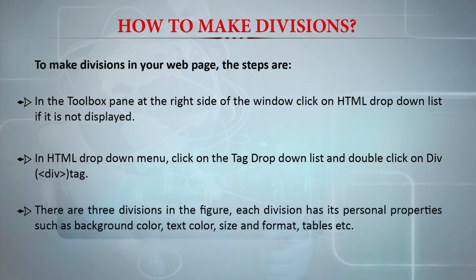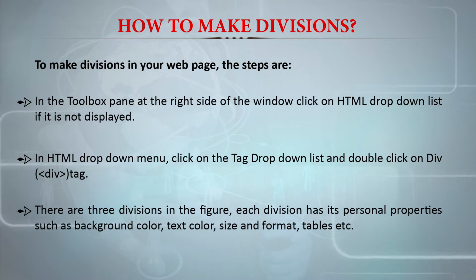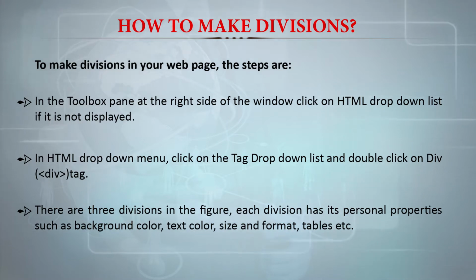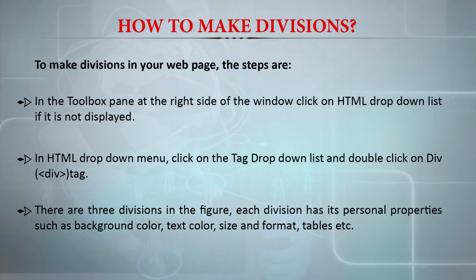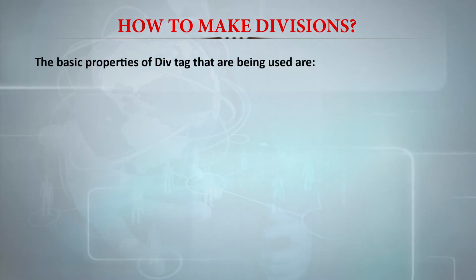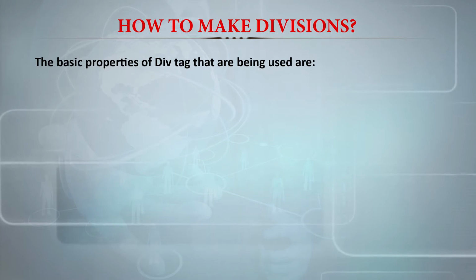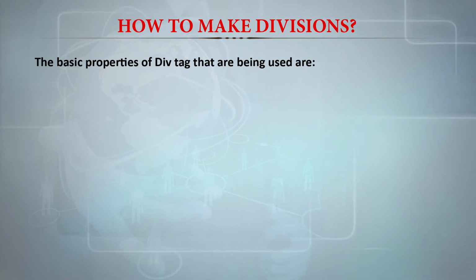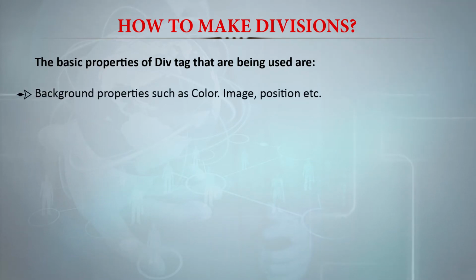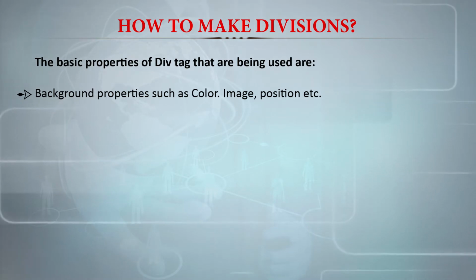So there are 3 divisions in the figure if you see. Each division has its own properties such as background color, text color, size and format, tables and many other things. The basic properties of a div tag that we use are background properties such as color, image, position, and you know that color, image, position, all these things can be changed.